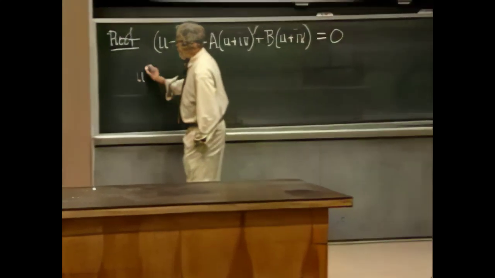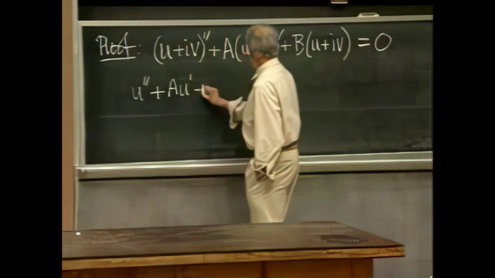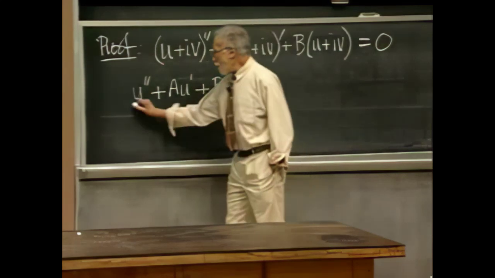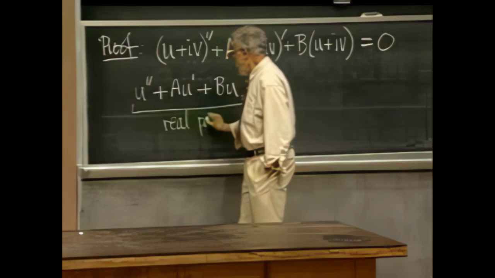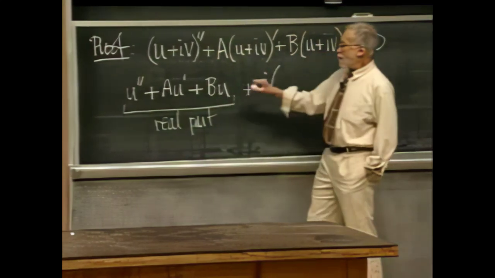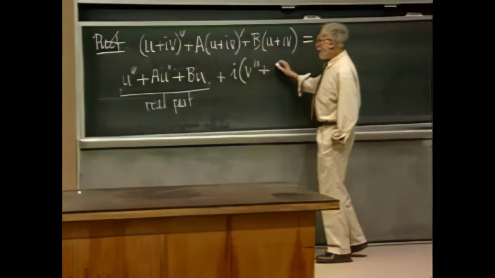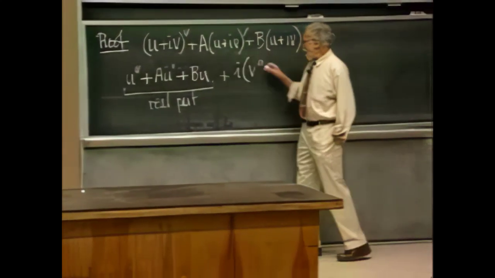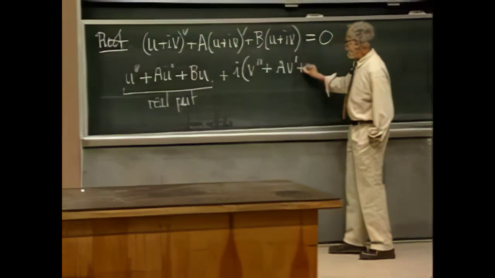It says u double prime plus a u prime plus b u. That's the real part of this expression when I expand it out. And I've got an imaginary part, too, which all has the coefficient i. So from here I get i times v double prime plus a v prime plus b v.